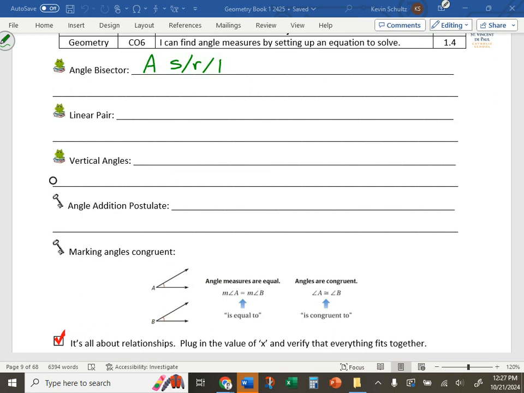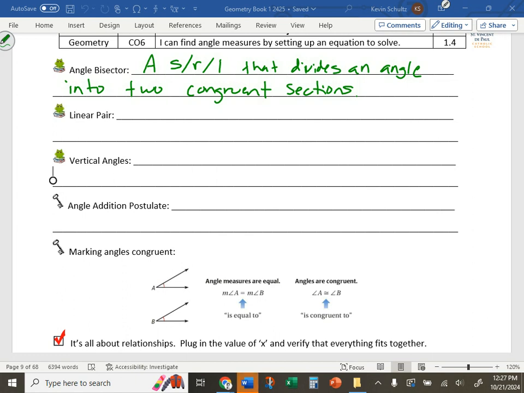So an angle bisector is a segment ray line that divides an angle into two congruent sections. That's why it's called a bisector. Bi means two, sector means section. Okay? And angle means angle. So an angle bisector is a segment, ray, or line that divides an angle into two congruent sections.